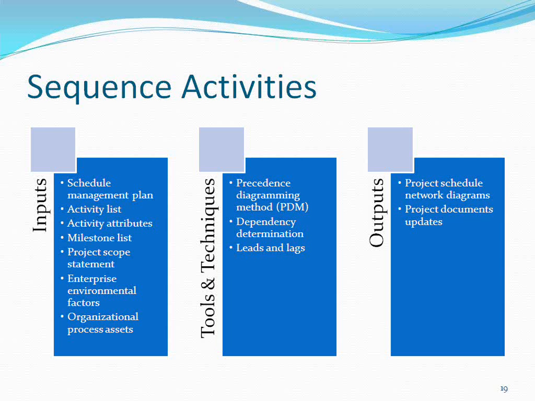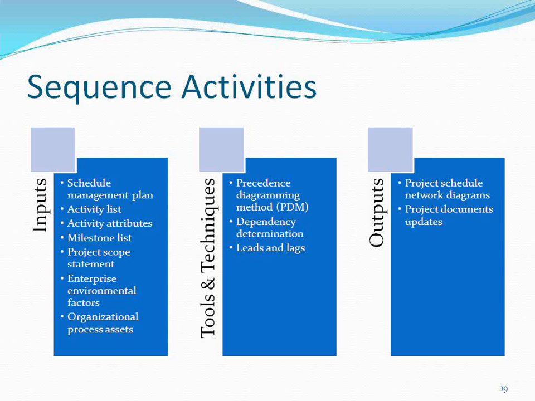The milestone list will help you to sequence that way. Customer says, this is a milestone by which I require. This particular milestone should be achieved by September 15th. Accordingly, you will sequence. You will prioritize your activities.